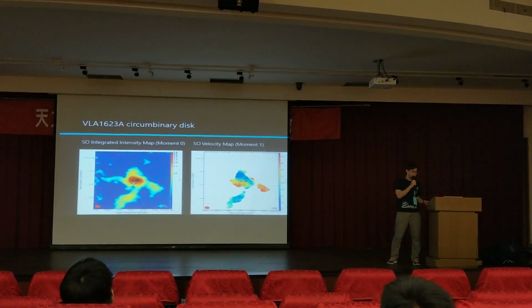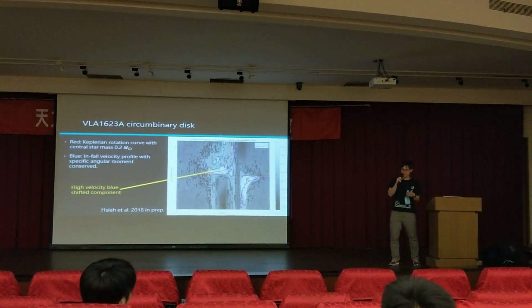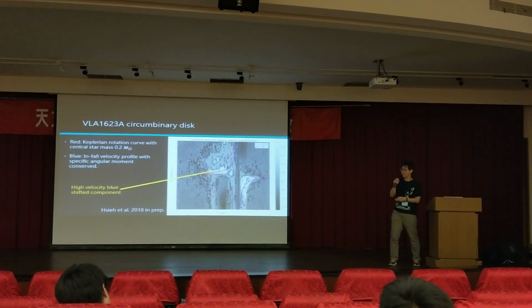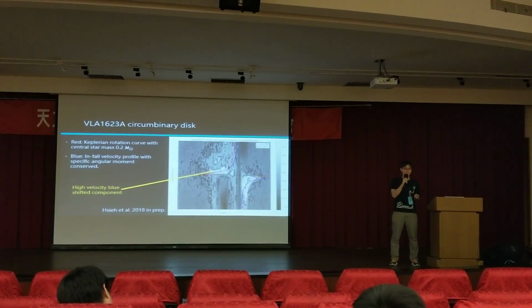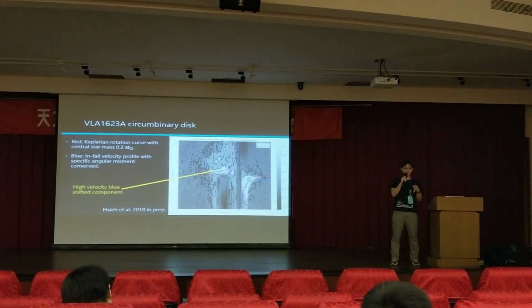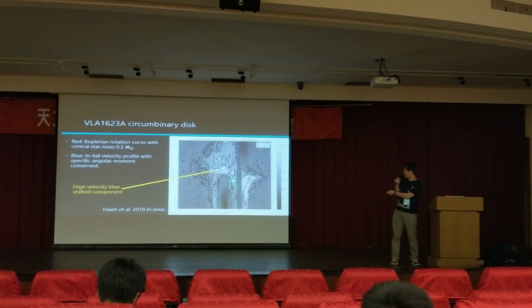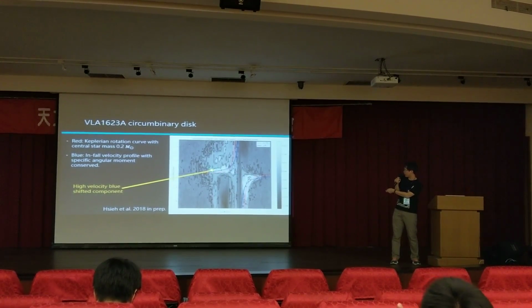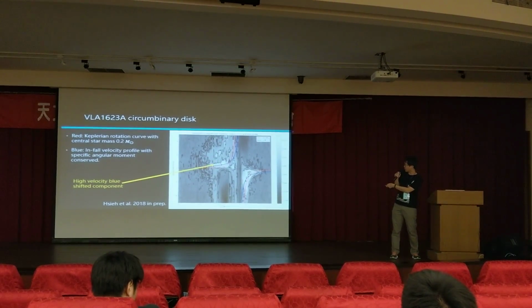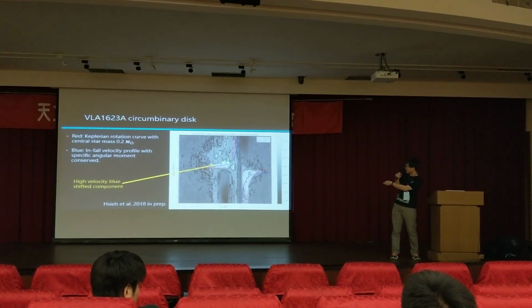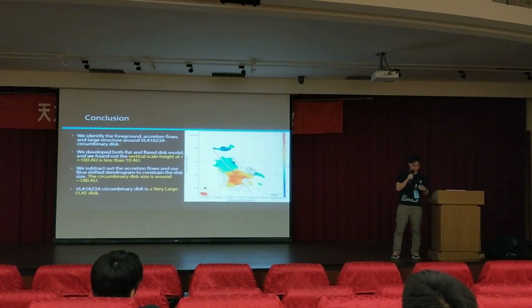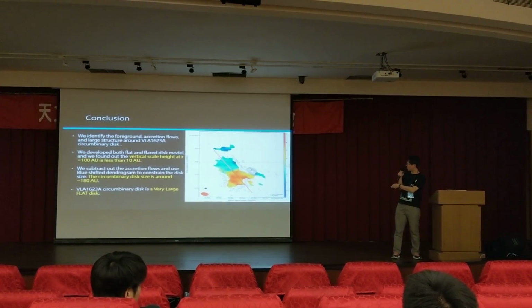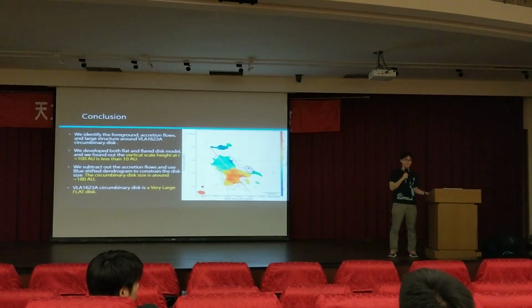So it is possible this high velocity component might be due to binary interactions in the inner disk that cause the motion to deviate significantly from the Keplerian rotation in the very inner part of the disk. So that's why we think the continuum data might actually correspond to a binary inside.